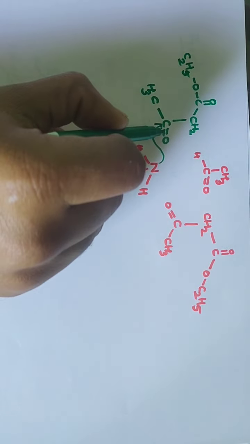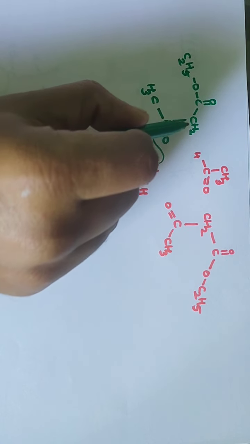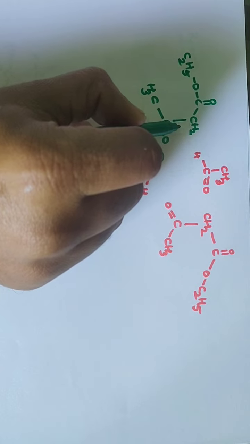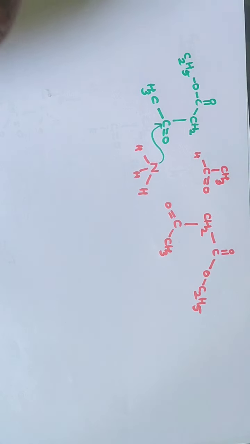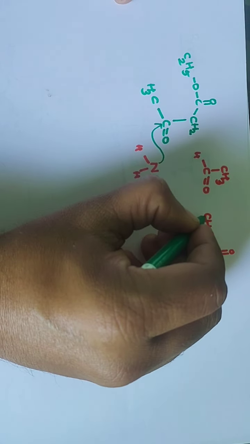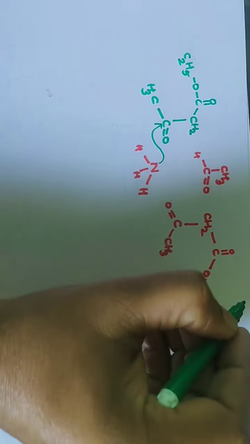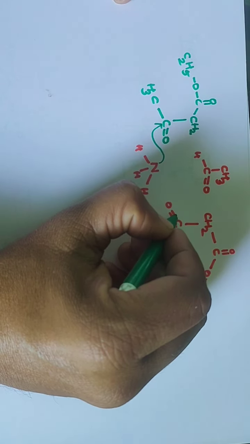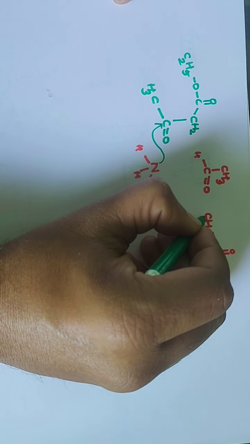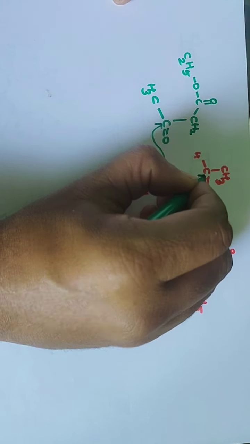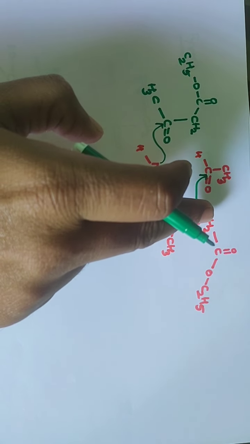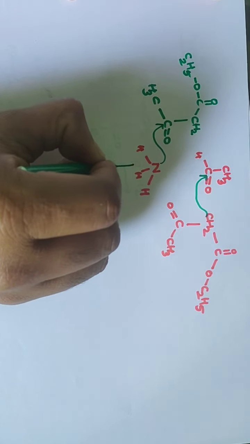Double bond O gets converted to single bond O, then loss of water takes place, OH from here and H from here, and a double bond is formed here, so condensation takes place. This hydrogen is generally acidic in nature. Enolization takes place, the double bond shifts here, and this carbon attacks this carbon here, and there is a condensation product here. So we'll write the condensation products.